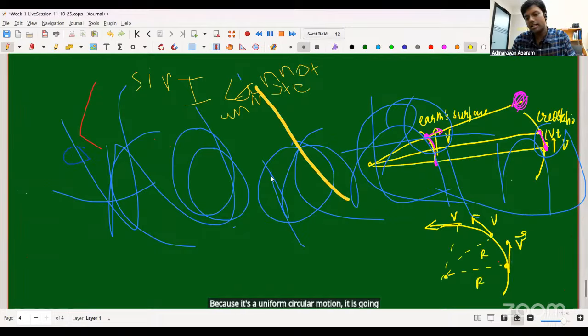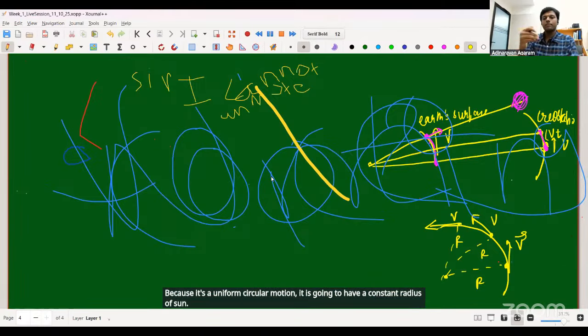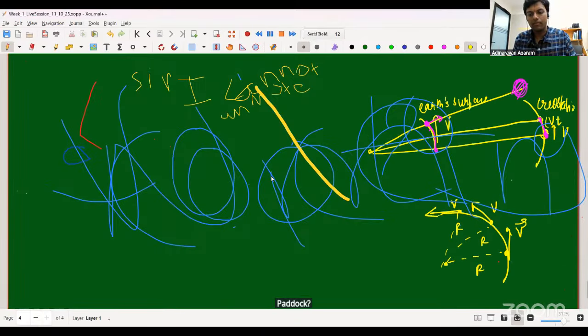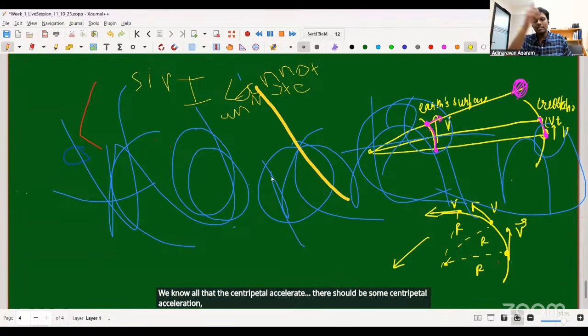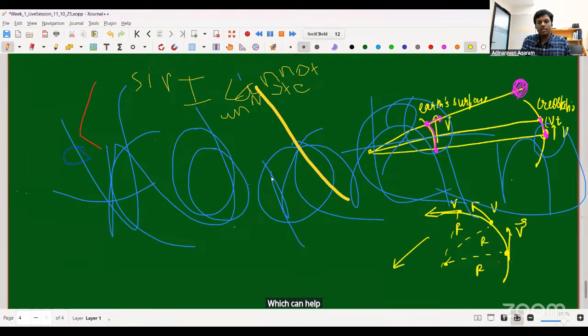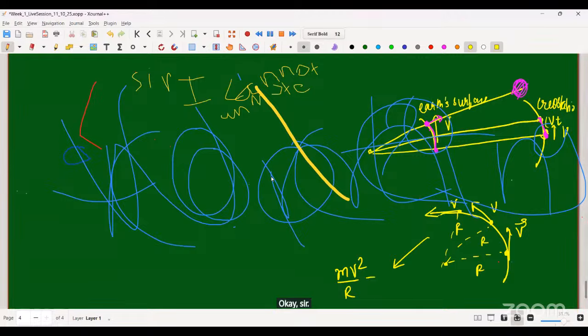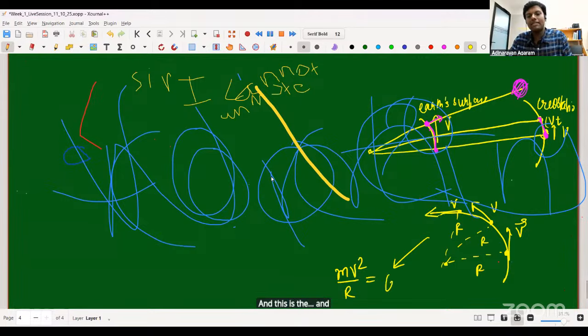It is going to have a constant radius of turn, r. Now, we know there should be some centripetal force which can help achieve this. And the centripetal force is given by mv square by r. Oh, okay, sir. I can understand. And this is given by the gravitational force.